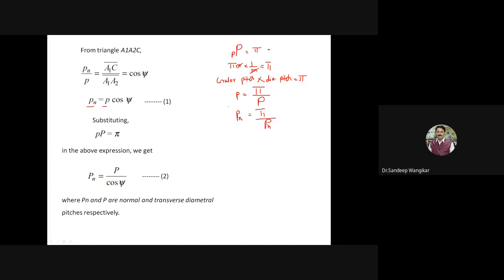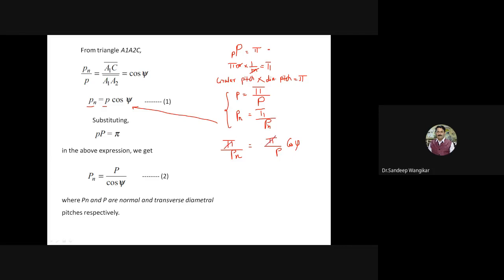So I will substitute these values in this equation. How will I write Pn then? It is nothing but pi divided by capital Pn, and p is nothing but pi divided by capital P, into cos of psi, since I am converting circular into diametral.